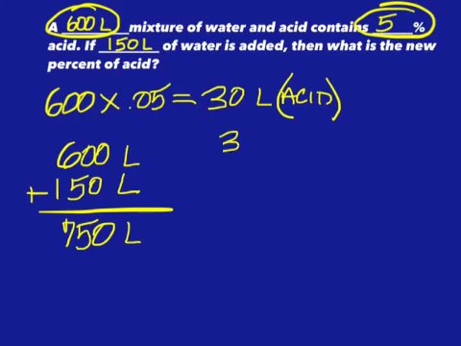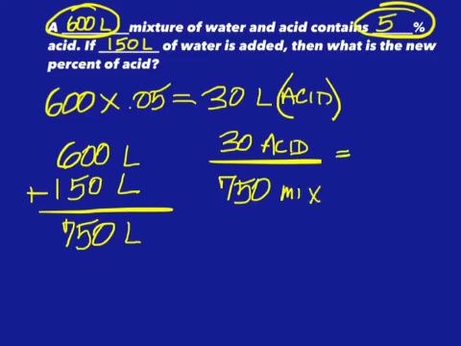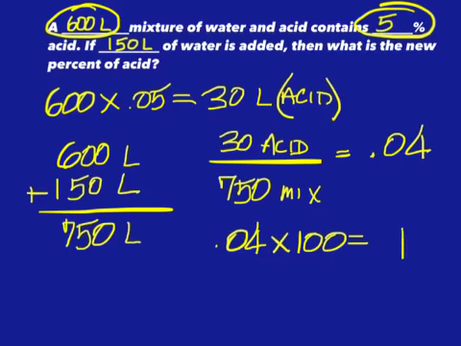If you have 30 liters of acid and your new mixture has 750 liters in it altogether, you divide the two of those to figure out what the percent of acid is. This comes out to be 0.04. You must multiply 0.04 by 100 to come up with 4%.